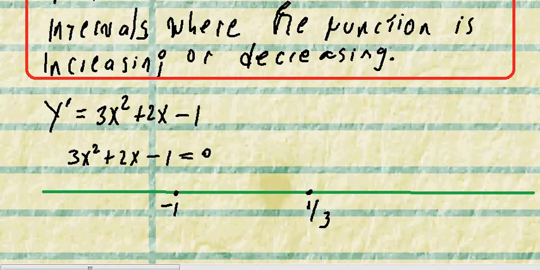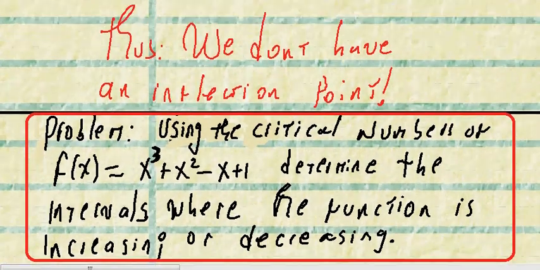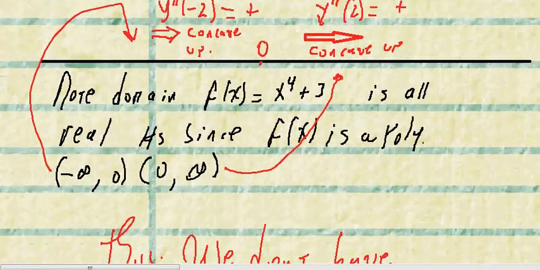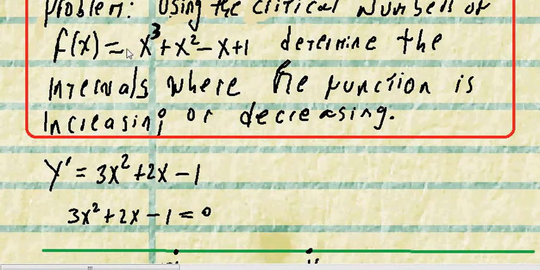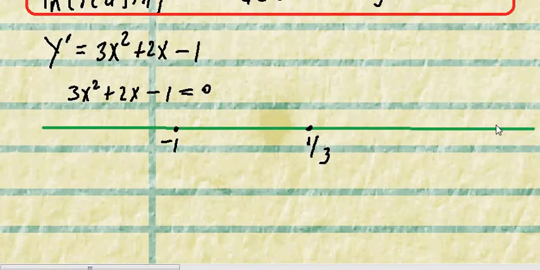Now what I'm going to do is break the domain of the polynomial function x cubed plus x squared minus x plus 1. We know that polynomial functions have as domain the whole real line. So I'm going to take these 2 points out of the whole real line, and I'm going to be left with open intervals, which I'm going to write down now.